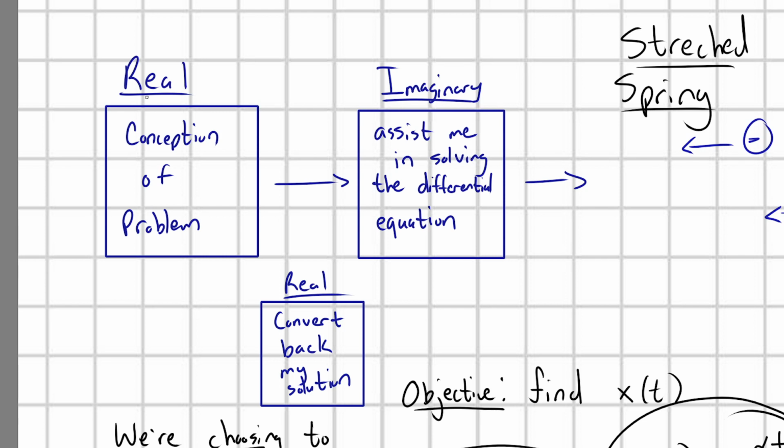I hope that diagram, that way of thinking, makes sense because it's a really useful way. So truly, in this sense, we can think of these complex numbers as a tool in helping me to solve a real world physical problem with a real solution, okay?